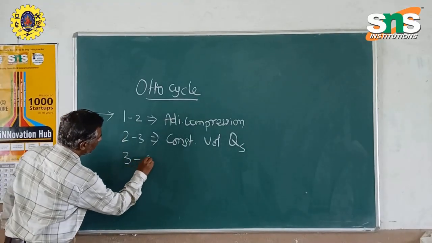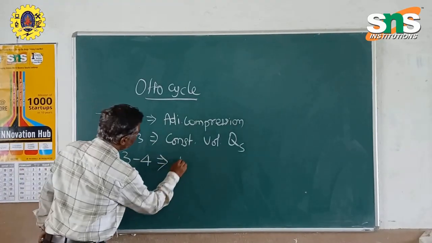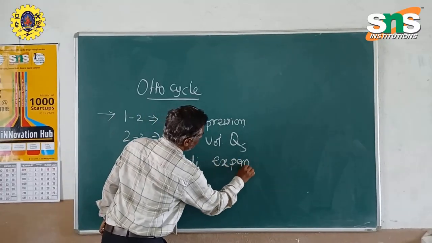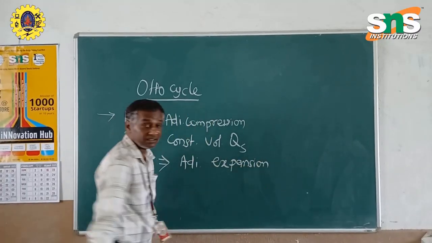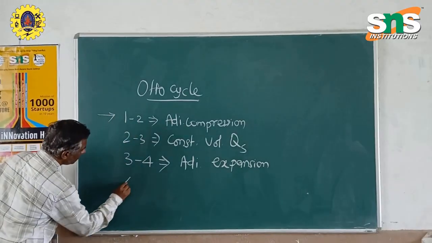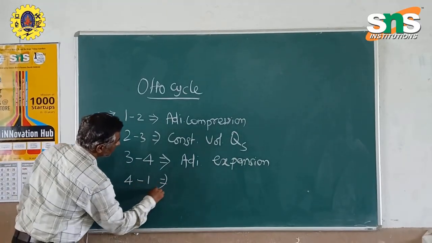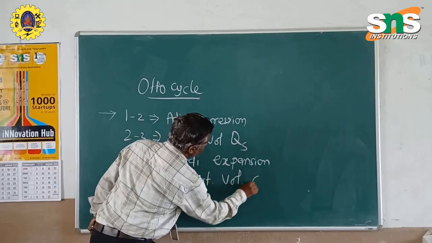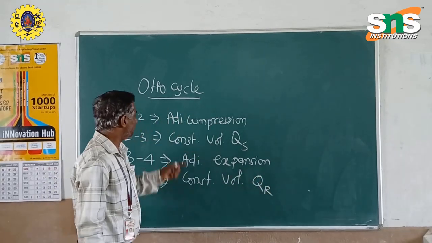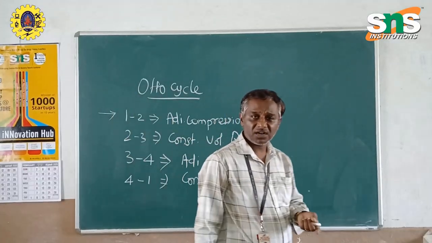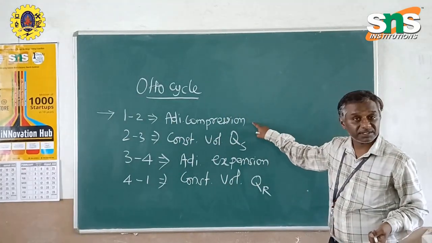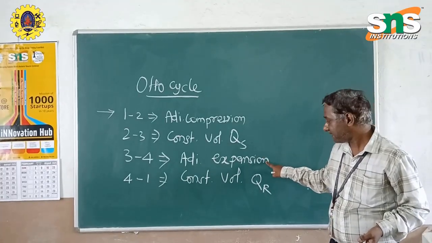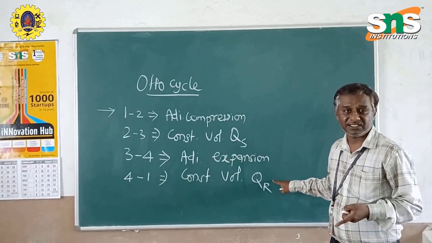And 3 to 4 is the adiabatic expansion process. And 4 to 1 is also a constant volume heat rejection process. So the processes involved in the Otto cycle are adiabatic compression, constant volume heat addition, adiabatic expansion, and the constant volume heat rejection.